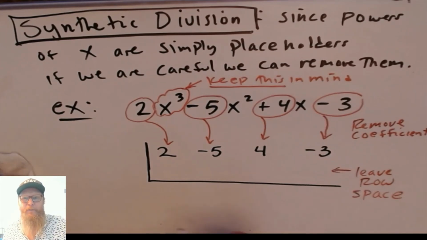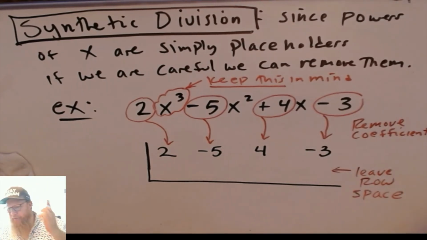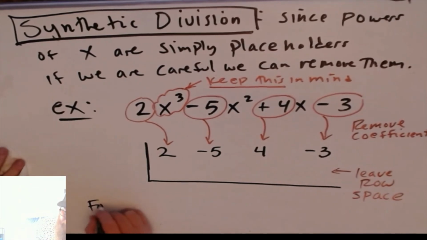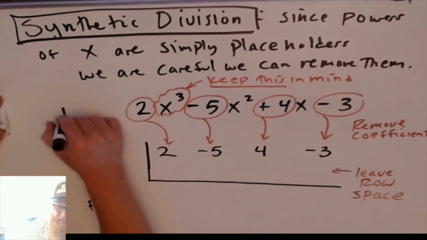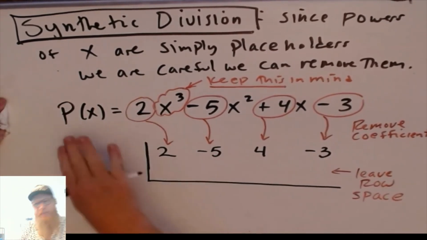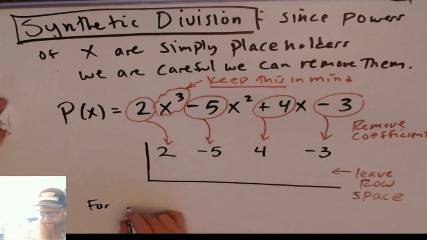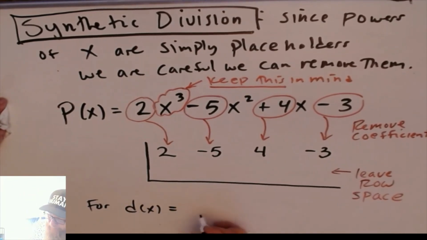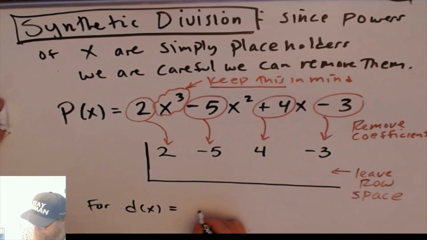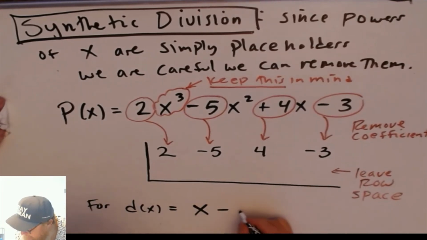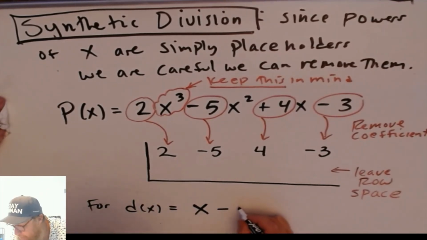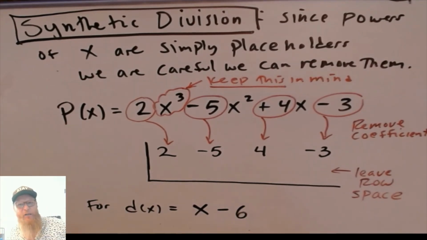Okay? And then for the divisor, so this is for p of x. So you do this with the dividend. For the divisor, suppose the divisor was x minus 5. Let's use a different number, x minus 6. I want to use a number that doesn't appear here.